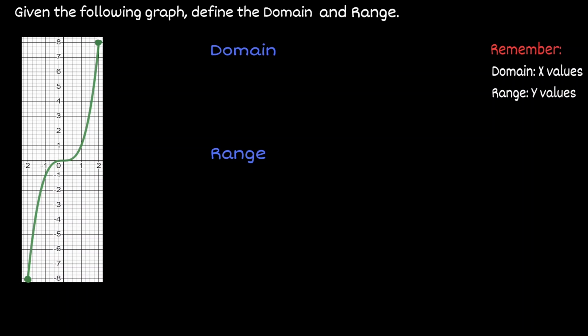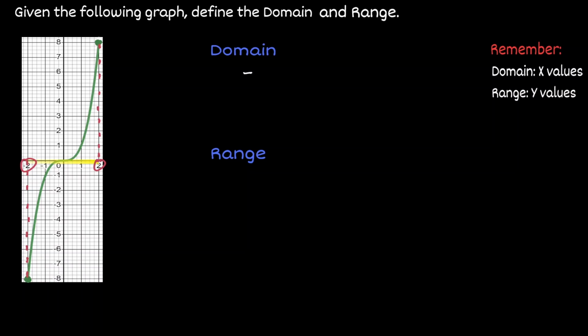And if that is the case, notice that the lowest x value that this function has is -2, and the highest x value that this graph is displaying is +2. Therefore, we can claim that the x values will only take place between -2 and +2. Therefore, this is the domain of this function.